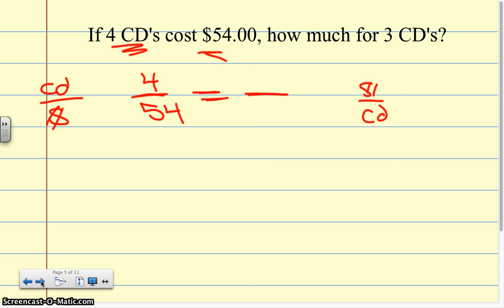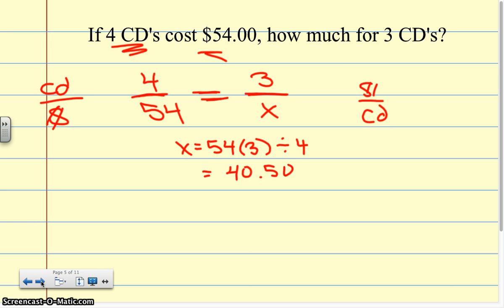Yeah, that'll be fine. So then we have 3 CDs. Does 3 go on top or bottom of this first one? Top, right? 3 goes on top. Now I need to solve. Okay? So x is equal to 54 times 3, and then divide it by 4. How much is it? $40.50.